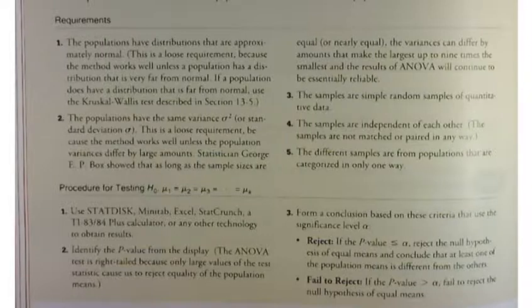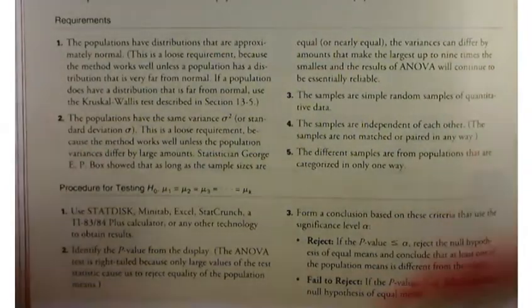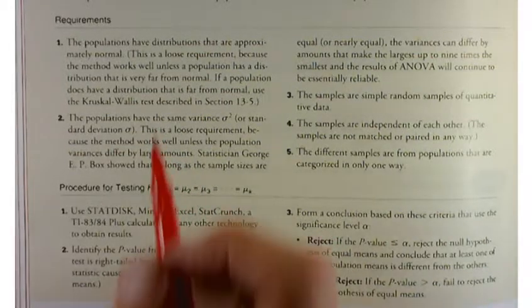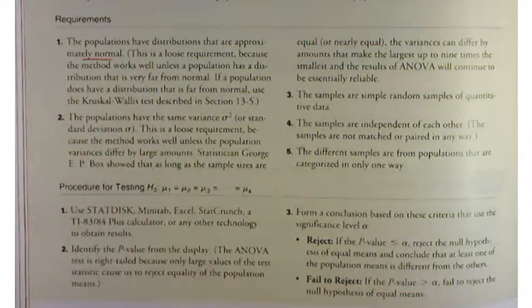But once you leave this classroom, before you do these tests, you should make sure that these requirements are satisfied. So one of them is that the populations have to be distributed approximately normal. This one's one you can kind of wink and nod at, especially if you have large sample sizes. Then you should be okay.